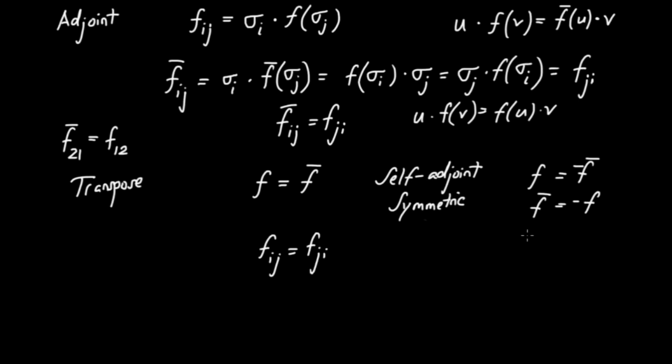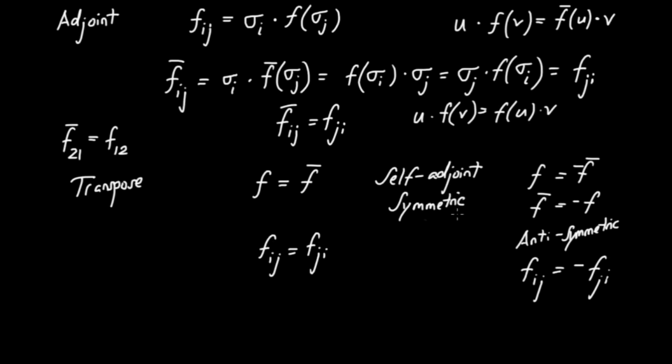Such operators are called anti-symmetric, and taking the adjoint is the same thing as taking the negative of the operator. The analogous condition here is instead of fij being equal to fji, it's equal to minus fji.